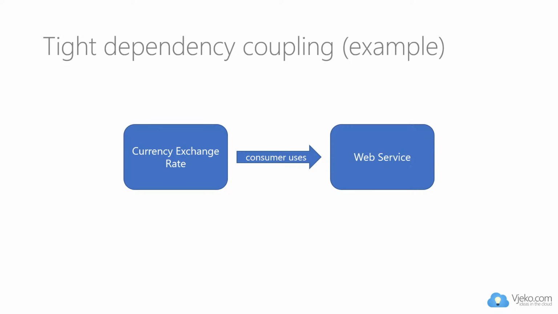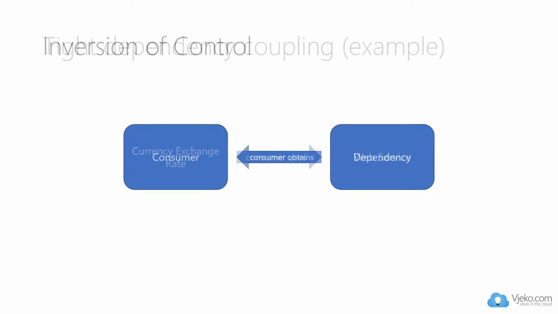And this is where I would like to introduce inversion of control. It probably sounds scary, like what does it mean, inversion of control? But when you take a look at what it really is, it's just a very simple inversion of this picture. Instead of my consumer using a dependency, my consumer obtains a dependency. My consumer simply needs to somehow come across a dependency, and then it needs to use it.